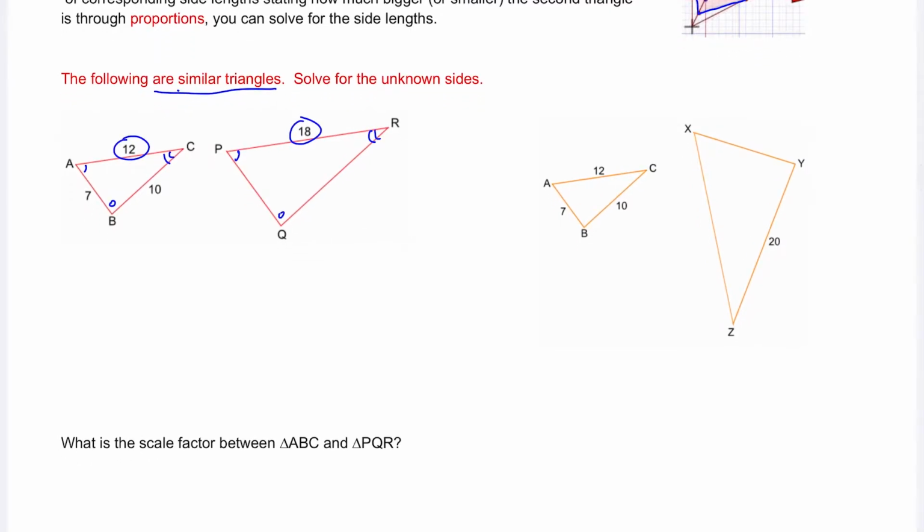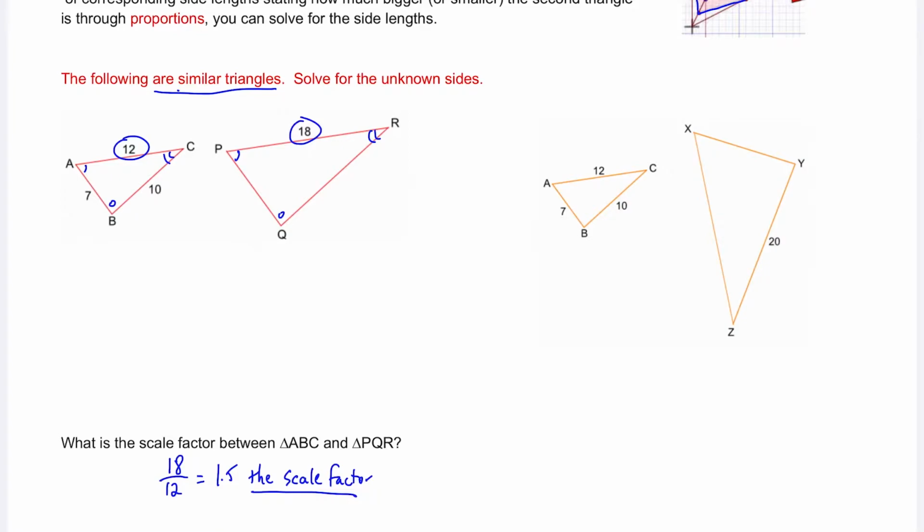So what is the scale factor between PQR and ABC? Well, 18 divided by 12 gives us 1.5, and this is the scale factor, meaning that PQR is 1.5 times bigger.